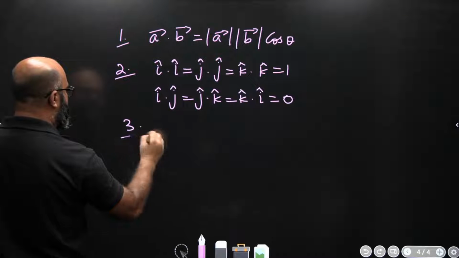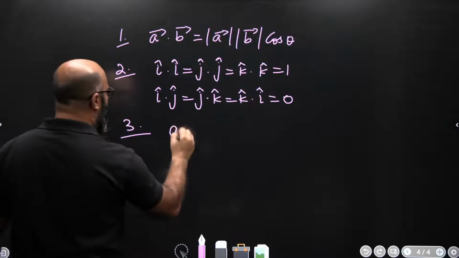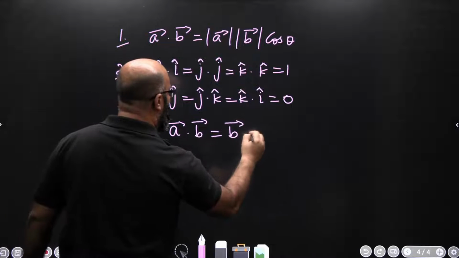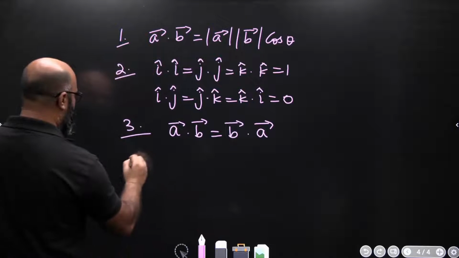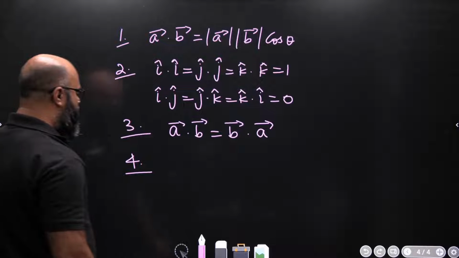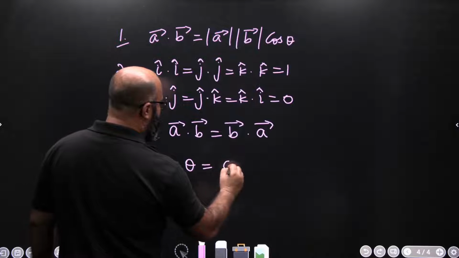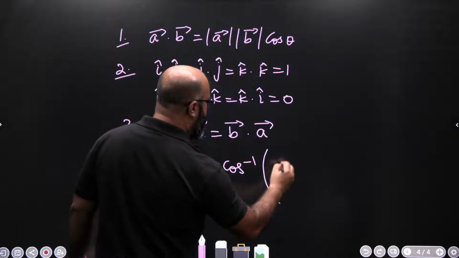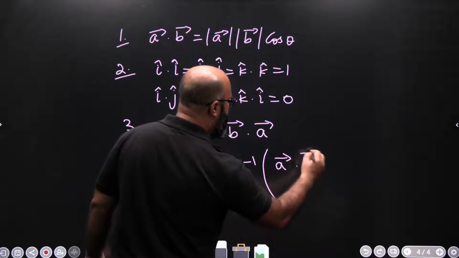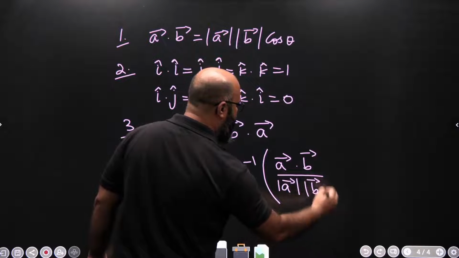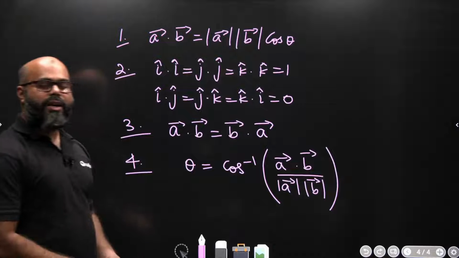Another point, that dot product is commutative: A dot B is equal to B dot A. Another point, if you have to find the angle between the two vectors, then theta is equal to cos inverse of A dot B by mod A into mod B. So these are some important points regarding dot product.